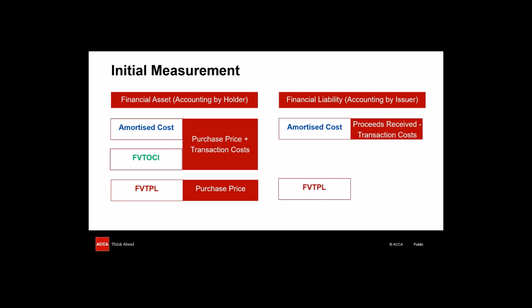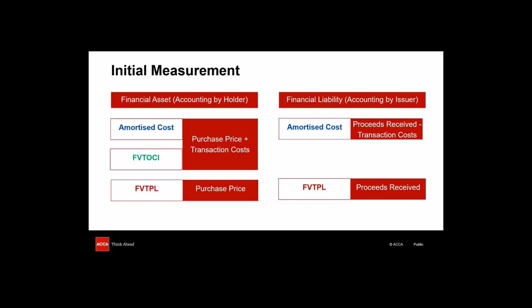On the other hand, if the liability is being classified at fair value through P&L, then the proceeds received are going to be the value at which the financial liability is initially recognized, the logic being the same as fair value through P&L for financial asset. As you can see over here, financial liability can be held at two models, which is amortized cost and fair value through P&L. So this is your initial measurement and classification for financial assets and financial liabilities.